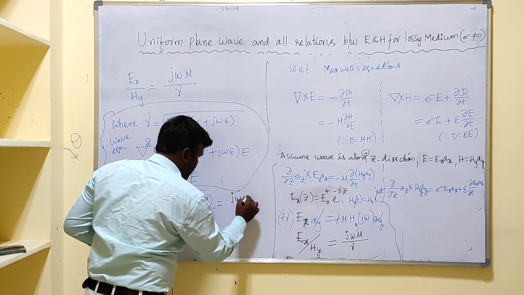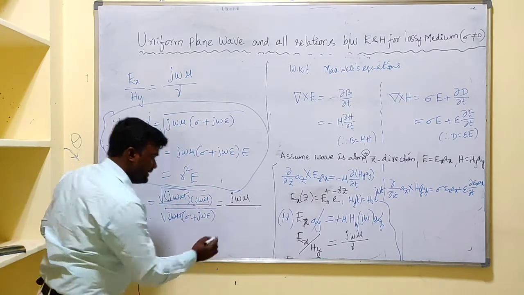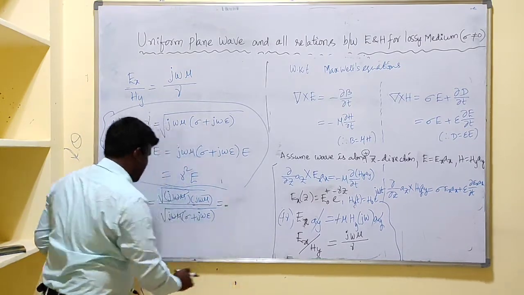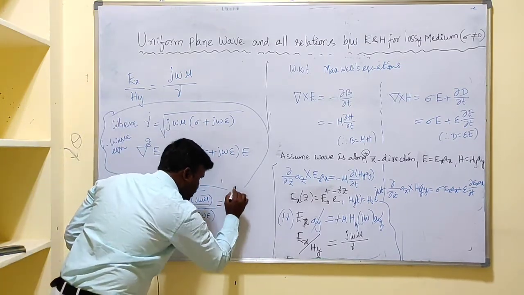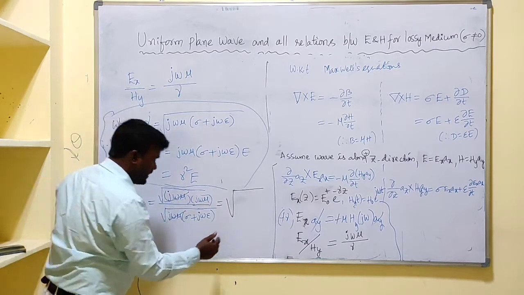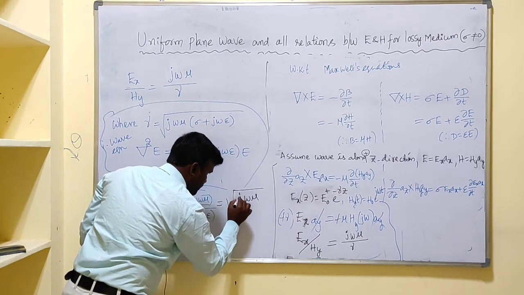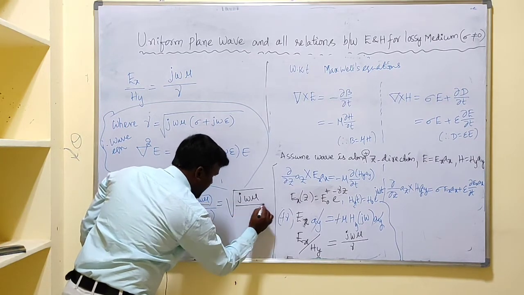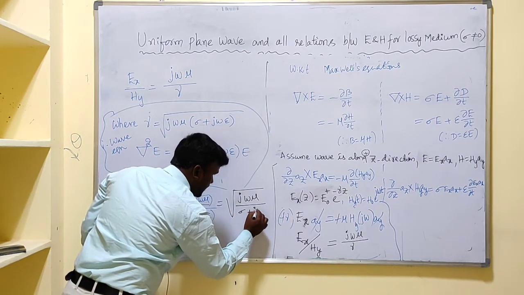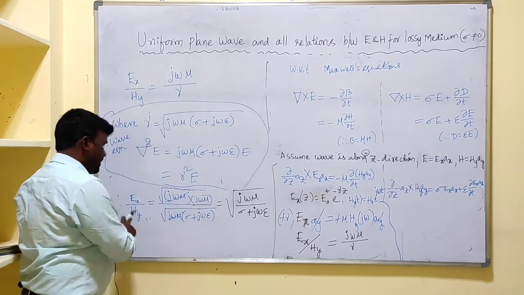that is equivalent to j omega mu by, of course we have an overall root, here we have root in the numerator and denominator, that can be written as j omega mu by sigma plus j omega epsilon. This is called what?